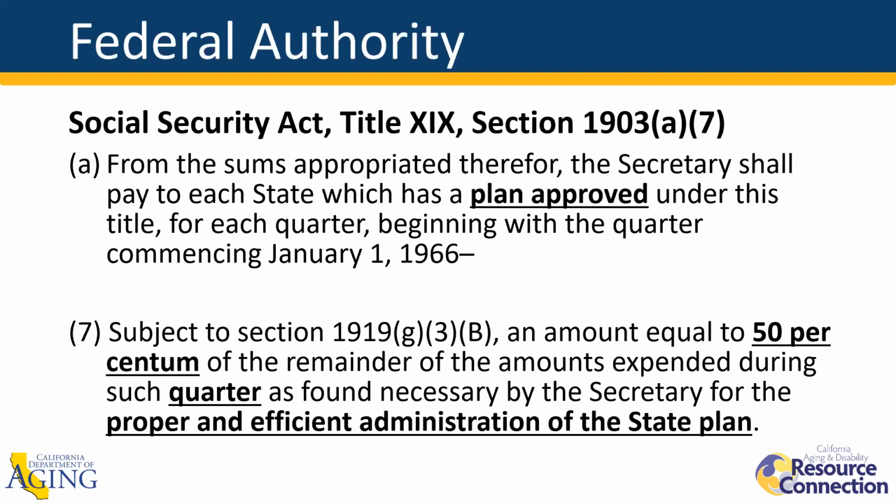So we have Title 19 of the Social Security Act. Basically under Section 1903(a)(7), it's essentially saying that for any state that has an approved plan, federal reimbursement is available at a rate of 50% for expenditures made by the state that are found by the secretary for the proper and efficient administration of the state plan.